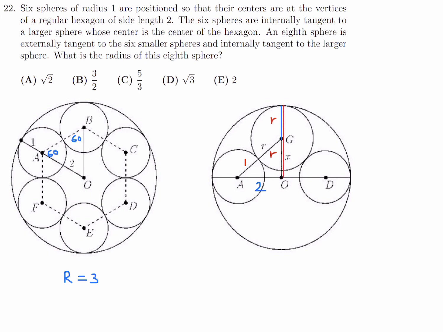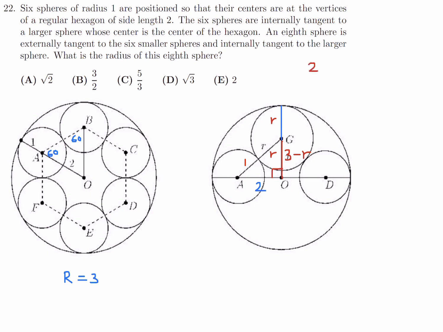That's the radius of that big one all the way around. So that's 3. So if from here to here is 3, and from here to here is r, this distance right here will be 3 minus r. And then therefore we've got a nice Pythagorean relationship, and we can pretty easily figure this out.